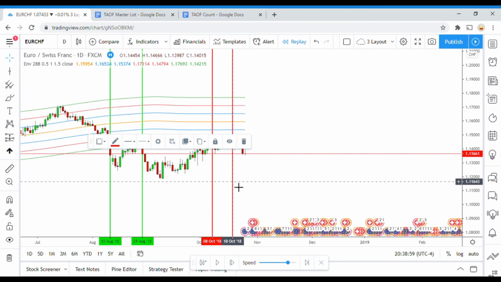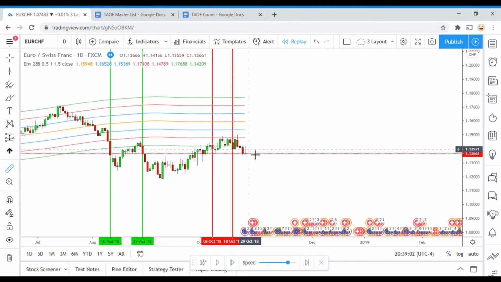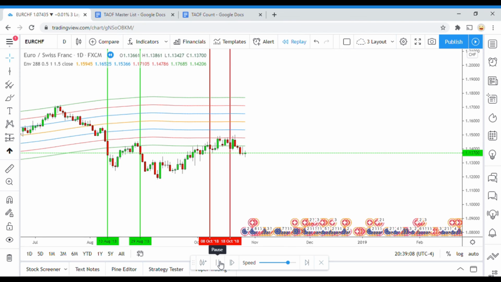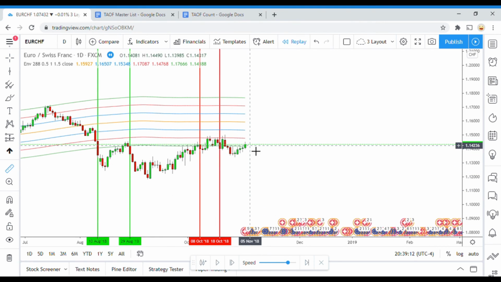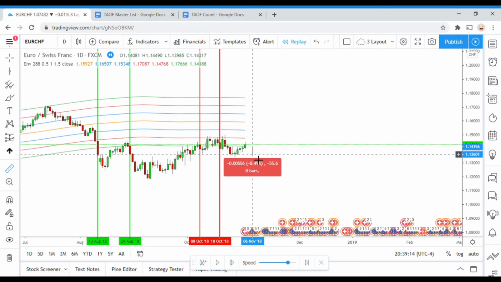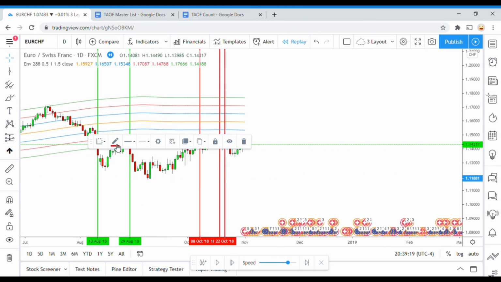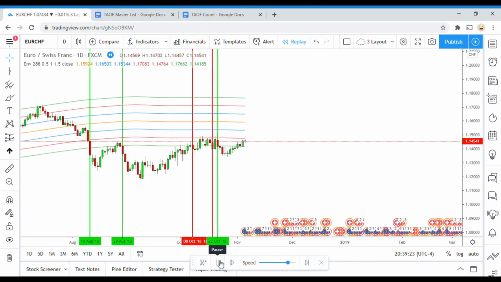Same thing right here. Looks like it popped up. Yeah, stopped us out. Came back down. Broke that lower band. When it did, it does look like, yeah, we got the 50 pips out of it there. So that would have been a win.